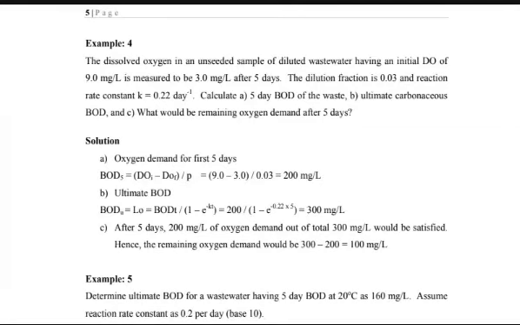Now let's do the calculations and solve it bit by bit. The first bit we are concentrating on is the 5-day BOD of the waste. How to calculate it? In the previous lectures we saw that we have one formula to calculate the 5-day BOD, if we know the initial dissolved oxygen and the final dissolved oxygen after a 5-day test.